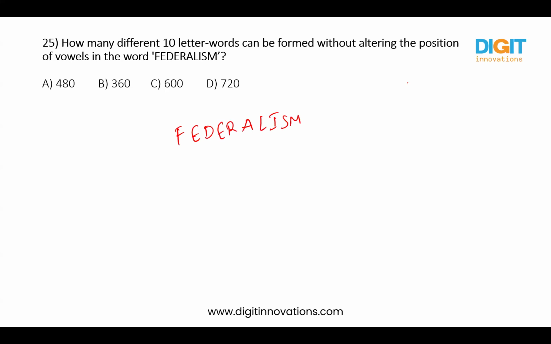First of all, I'll write the vowels: A, E, I, O, U. In this word, I have E, E, A, I. So I'm removing these, then I'll get F, D, R, L, S, M. How many are there? 1, 2, 3, 4, 5, 6. Okay, so what is 6 factorial?